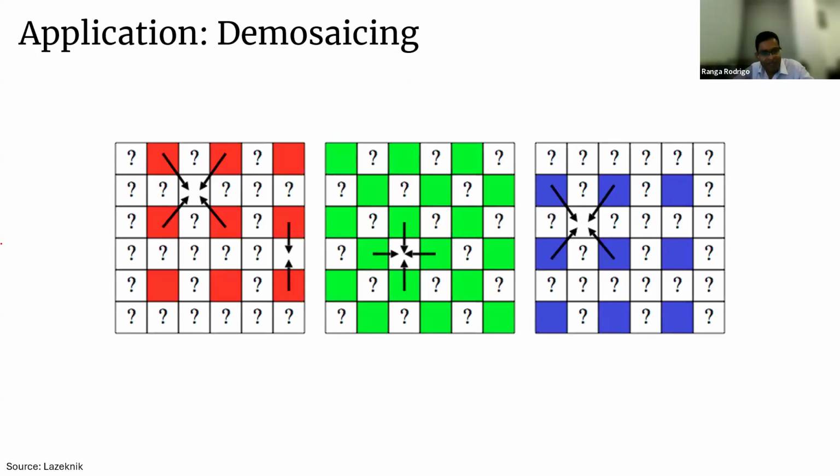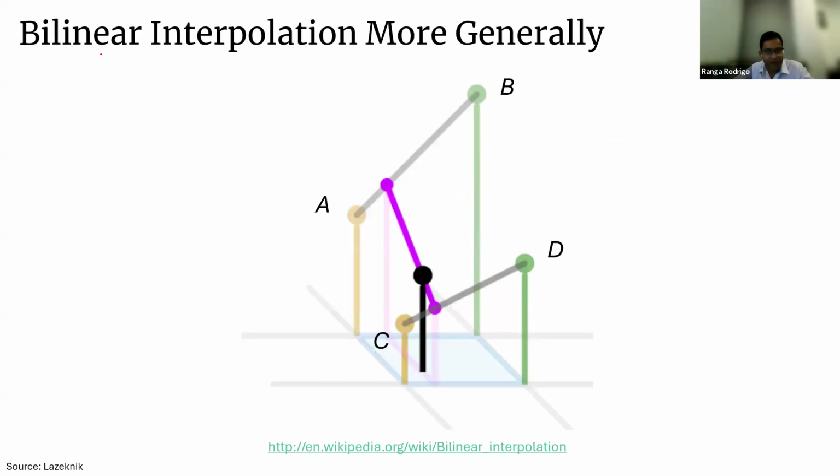So this happens inside a camera. It's called demosaicing. I talked about it before. The proper name for this, more generally, is bilinear interpolation. If you have A, B, C, D, it will find the value along AB here. It will find the value along CD here, and along this axis it will find the value that you require at this place.